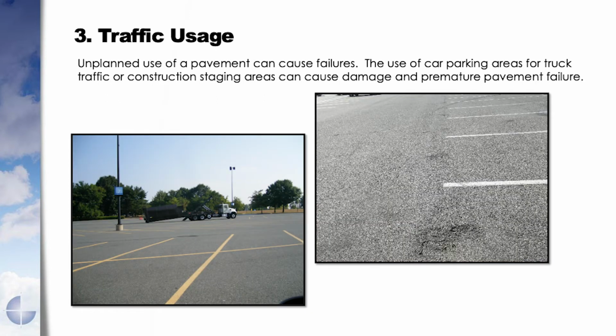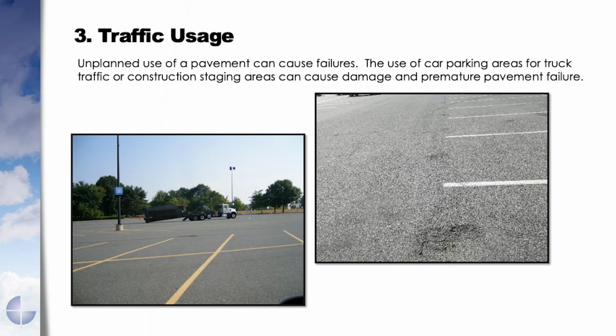Third cause of premature failure we're going to look at is traffic usage. We design parking lots for the type of traffic that we are told they're going to have or anticipate they're going to have. Unfortunately, we see things that happen like on the left here. I shot this photograph at a shopping mall. I was on the inner ring road where the garbage dumpsters are, and I noticed that he was dropping an empty dumpster right in the middle of the car parking lot, which is not designed for heavy trucks.